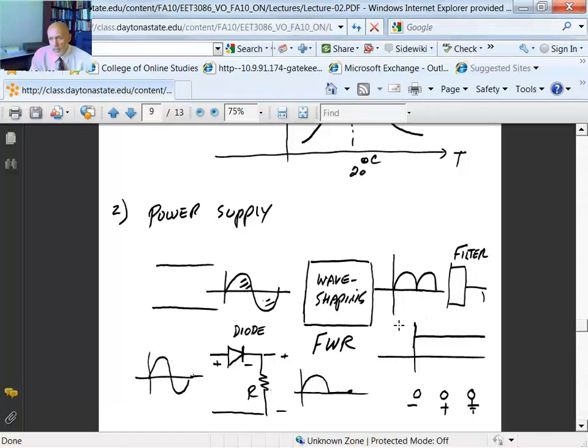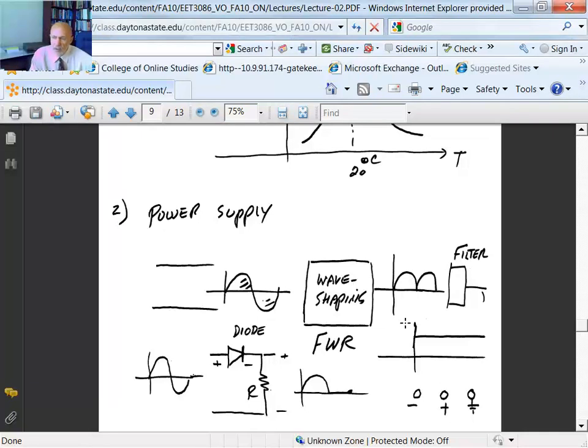Instead of blocking the negative part of the cycle, it actually flips it over. So you get this waveform right here, which has a little bit of ripple on it, but it's still very close to DC. And with a simple filter, you can filter it out such that you get a positive, straight, constant DC output.